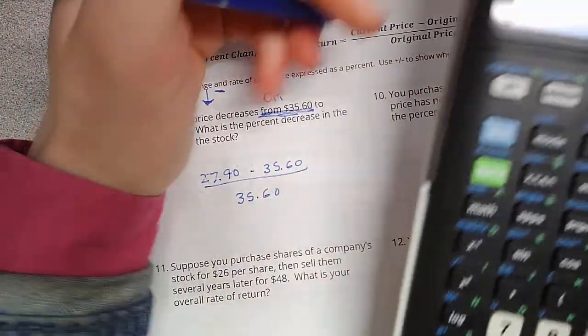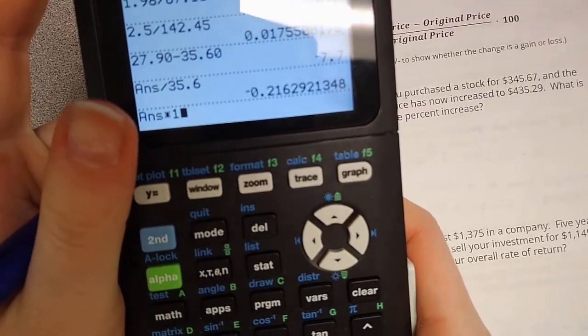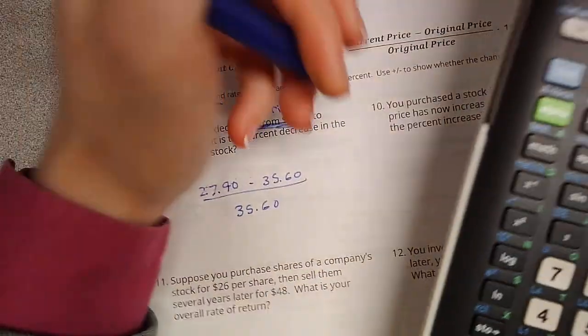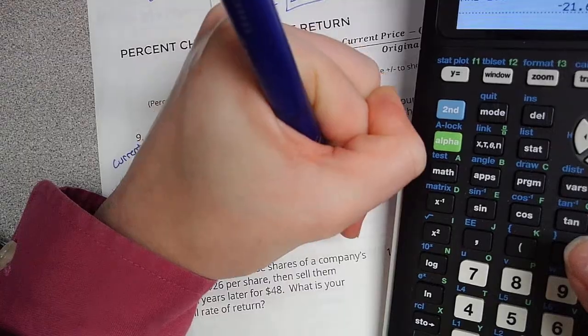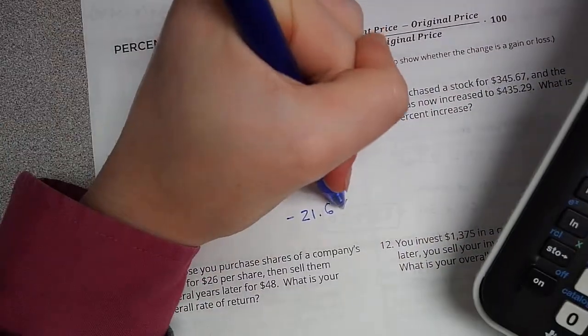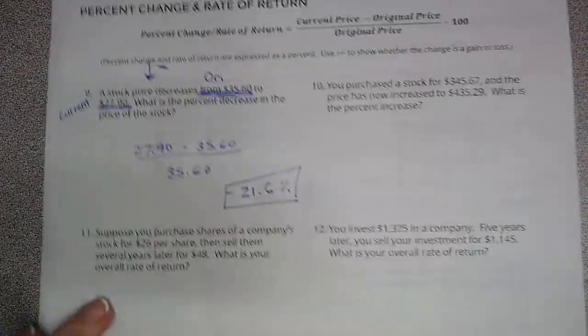Okay, so then we've got 0.216. So I'm just going to multiply that by 100. And I have negative 21.6%. That is the percent that the price went down by.